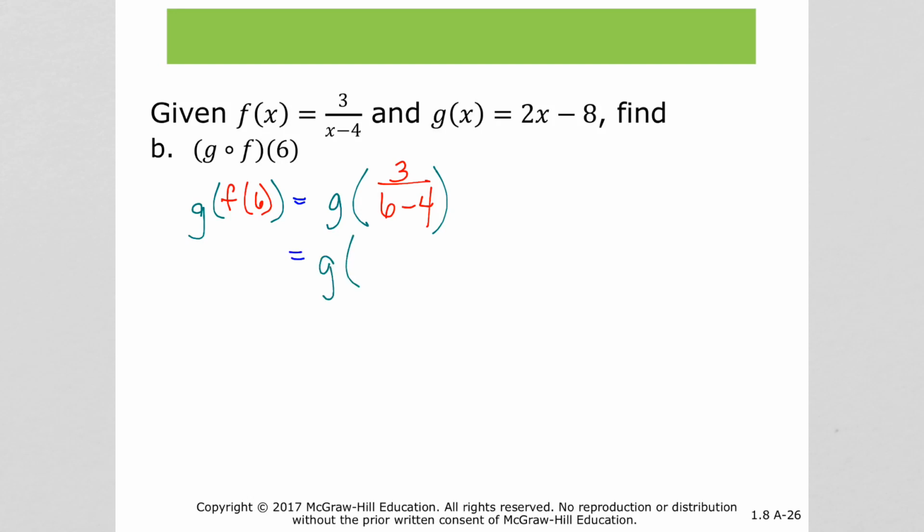That gives us g of 3/2. So in g, we're going to put a 3/2 where we see x. So 2 times 3/2 minus 8. That's 3 minus 8, or negative 5.